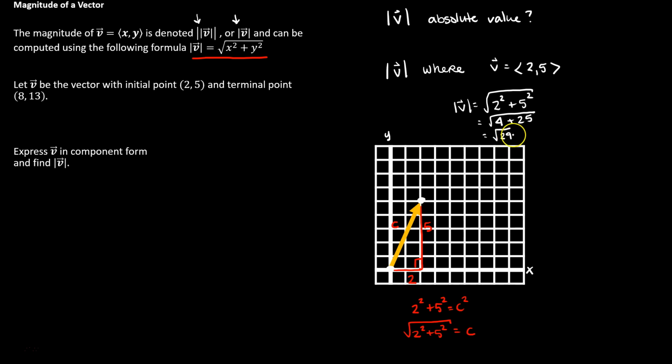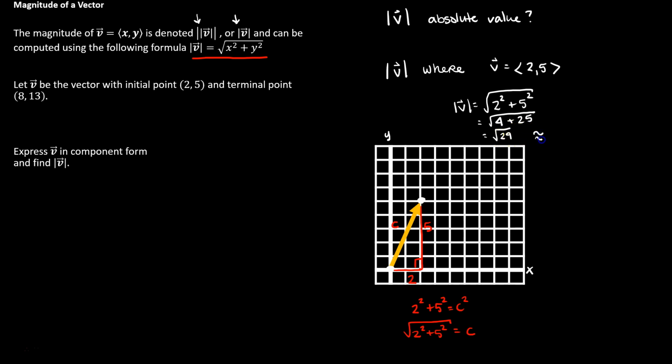Now I will always get this question, is it okay to leave it as the square root of 29? Should I switch it into a decimal? Should I try and simplify to the reduced form of this square root? The answer will always be, it depends on what you need to do with it. If you need to have an intuition about how large this number is, square root of 29, then maybe you should turn it into a decimal.